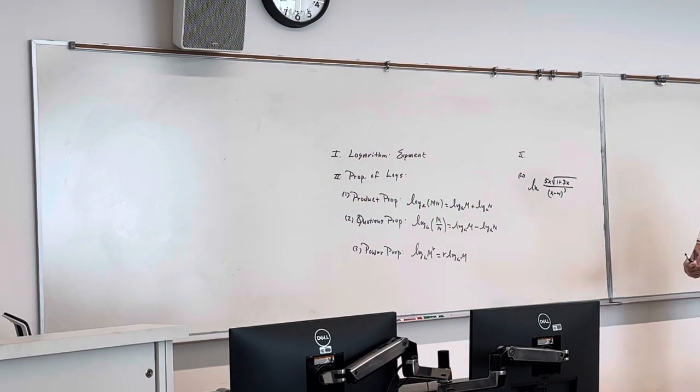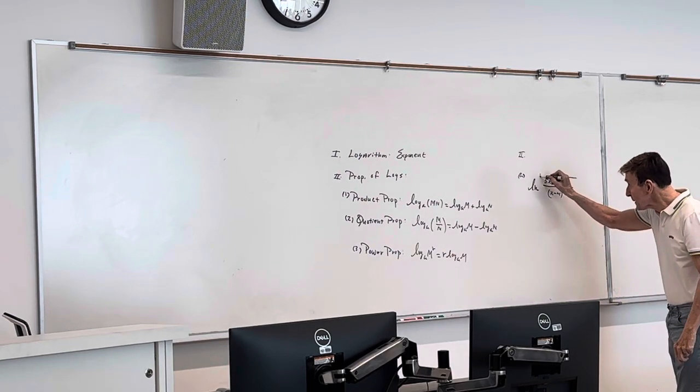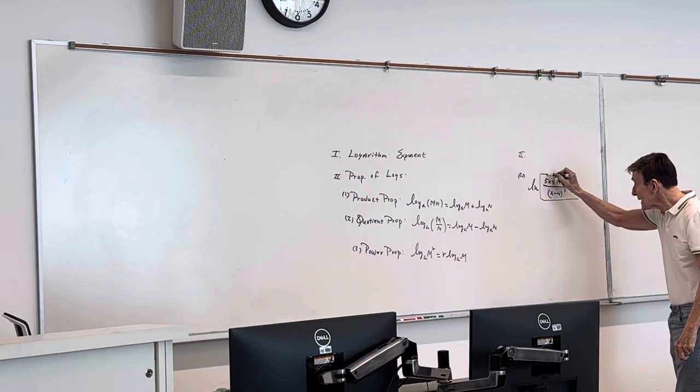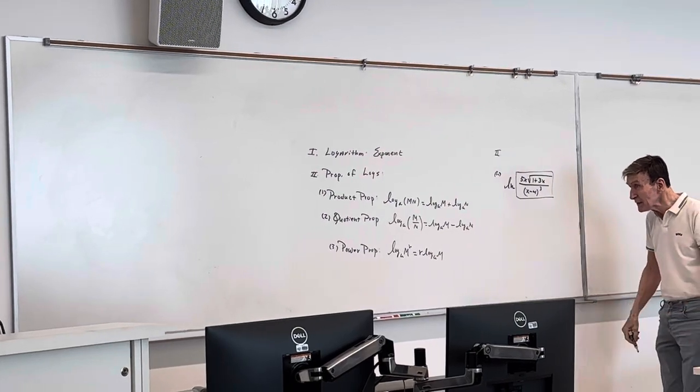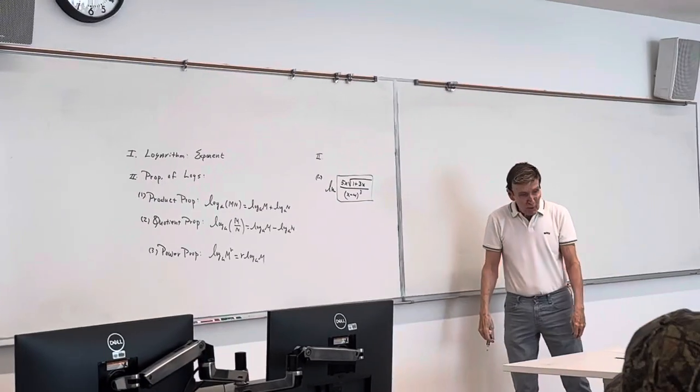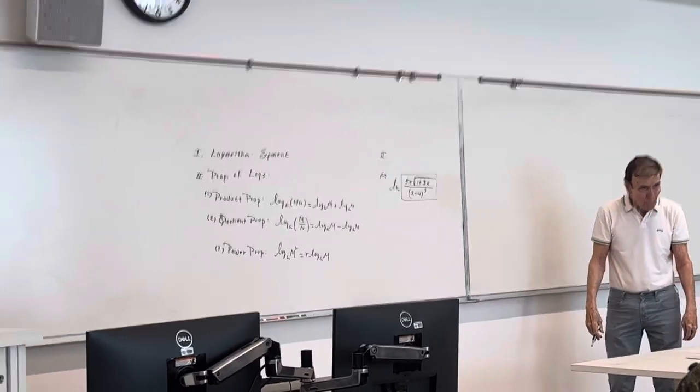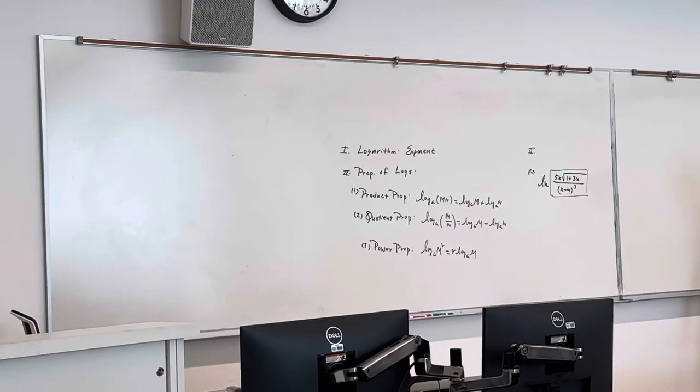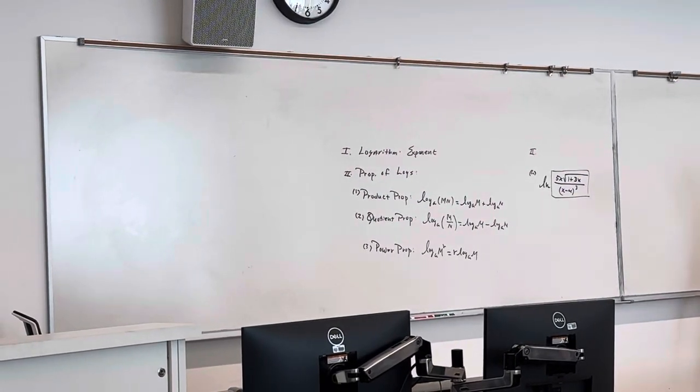I think you're going to like this compared to some things we've already done in class. I think this is going to be much, much easier. Guys, when I look at this, they're saying, please split this up, rewrite it using those three properties on the side there, into a more simple form. Now, which of the three properties might I start out with, the way it looks? Okay, this is a quotient.